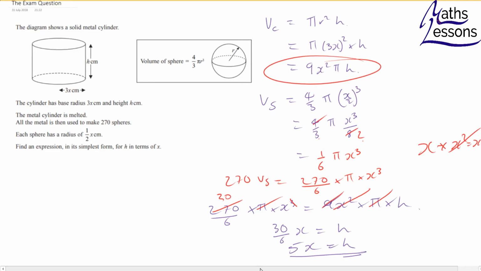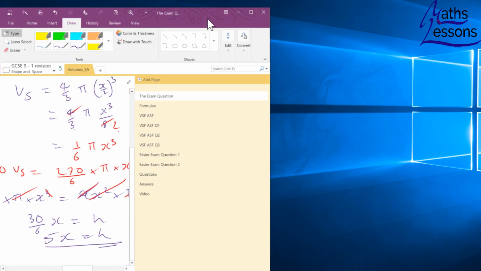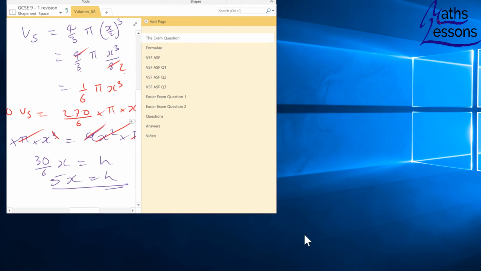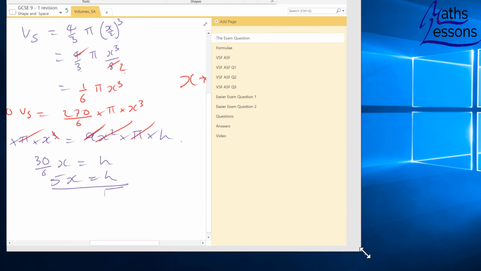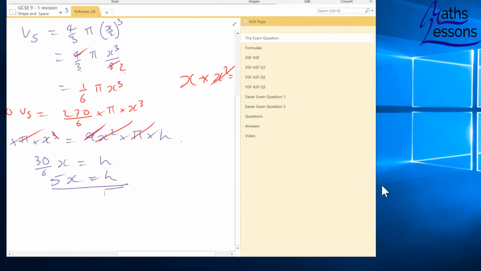So that'll do for today on this. What you will notice, if I minimize my book so you can see more of the notebook, let's look at the note here. I also have volume and area scale factor questions in here, which I didn't do in today's lesson because we're really concentrating on this type of question.